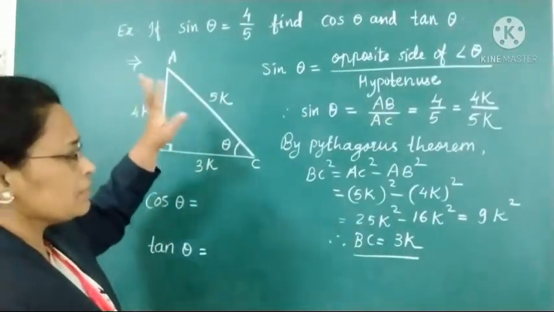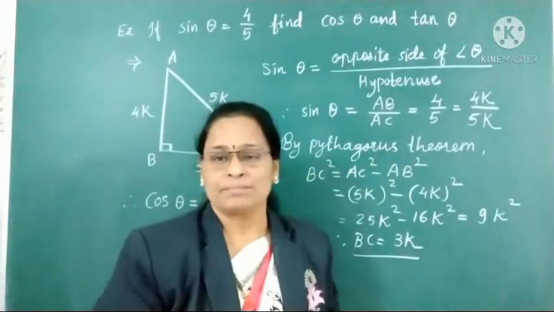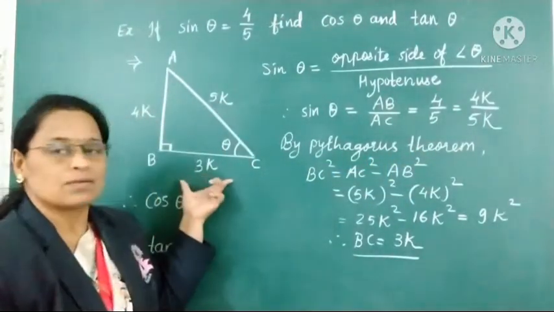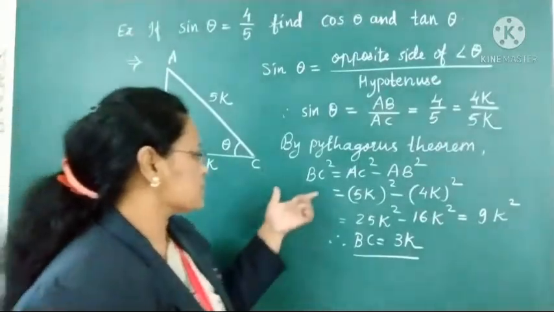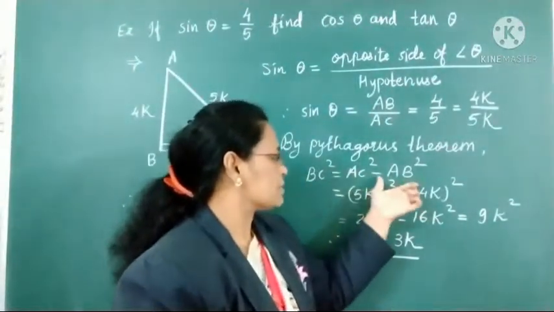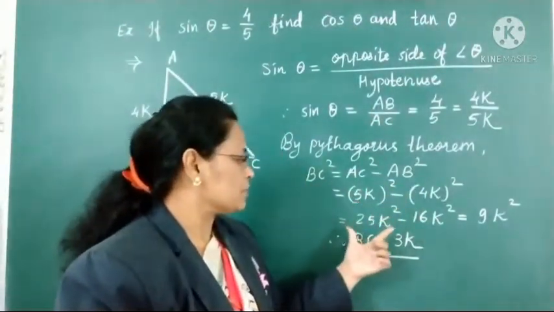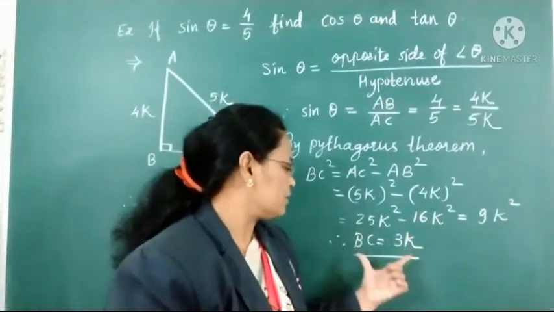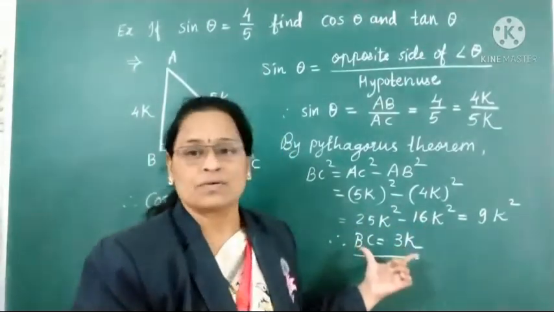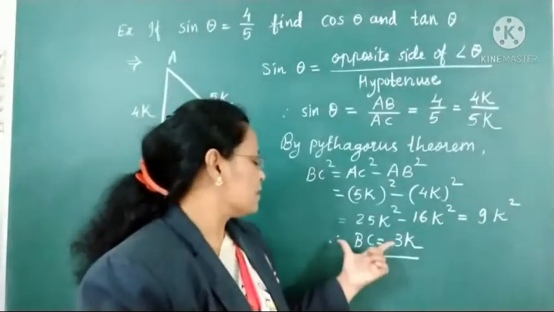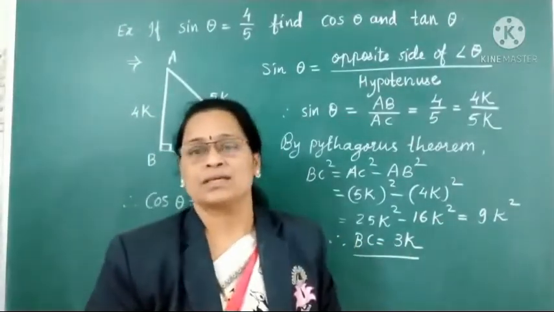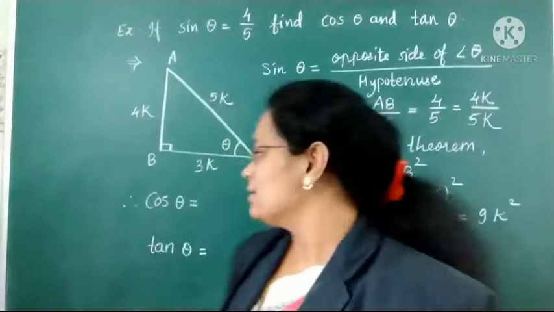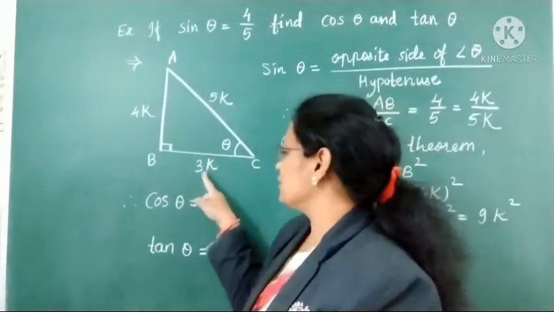Then in this right angle triangle we can apply Pythagoras theorem and find out the length of BC. So here BC square is equal to AC square minus AB square, and after substituting the values, squaring, subtracting, we get the square root of 9K square. We'll see that BC is equal to 3K. So let's write BC in the figure as 3K.